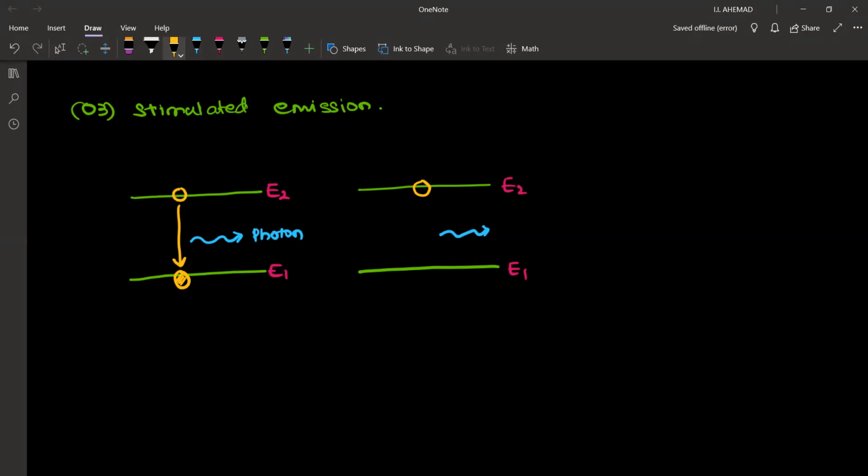So what this photon does is it stimulates this to release the photon. When this is passing close by, it stimulates this to undergo emission. So now this will release another photon, and these two photons are in the same phase. That means they are similar. So both of them become coherent.